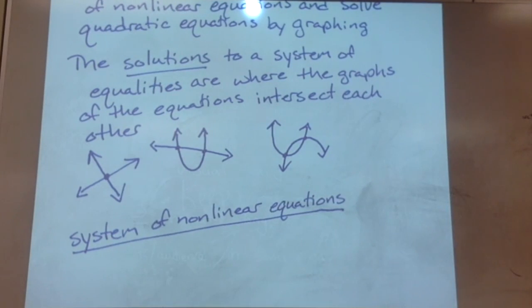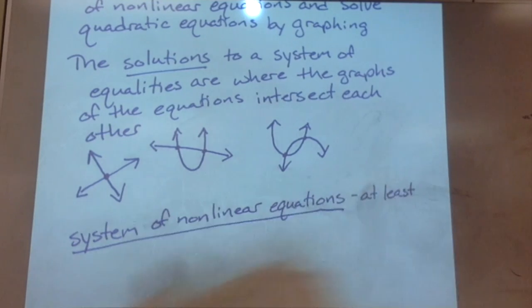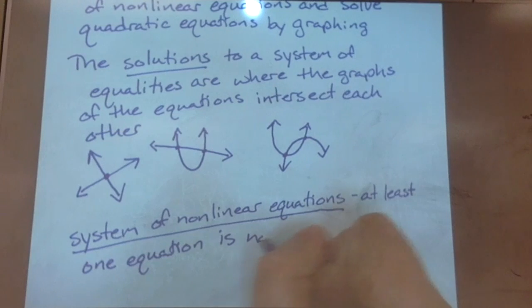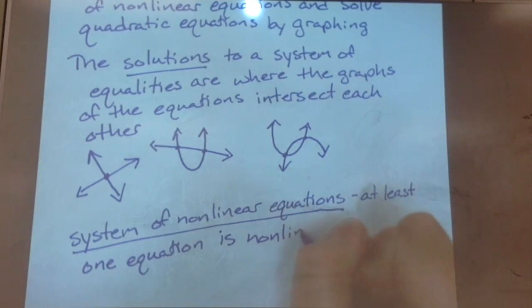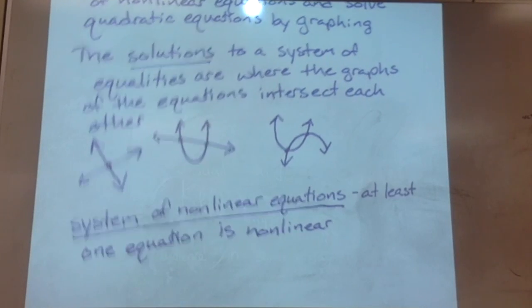So nonlinear means at least one equation is nonlinear, at least one equation is not a line.